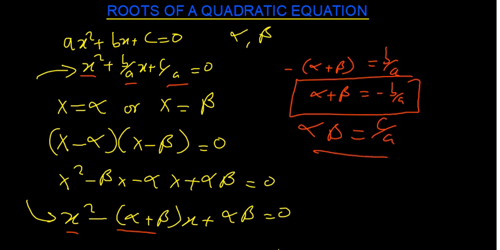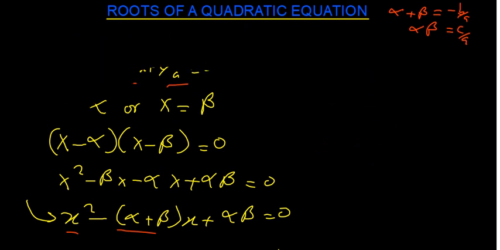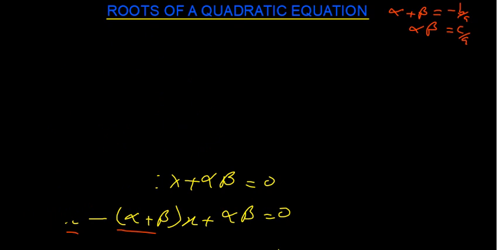So these are what we use when we are finding the roots of a quadratic equation. So alpha plus beta is equal to negative b over a. Then alpha times beta is always c over a. So let's look at some questions which can be given. So at times they can ask you to find the quadratic equation that has got some certain roots.